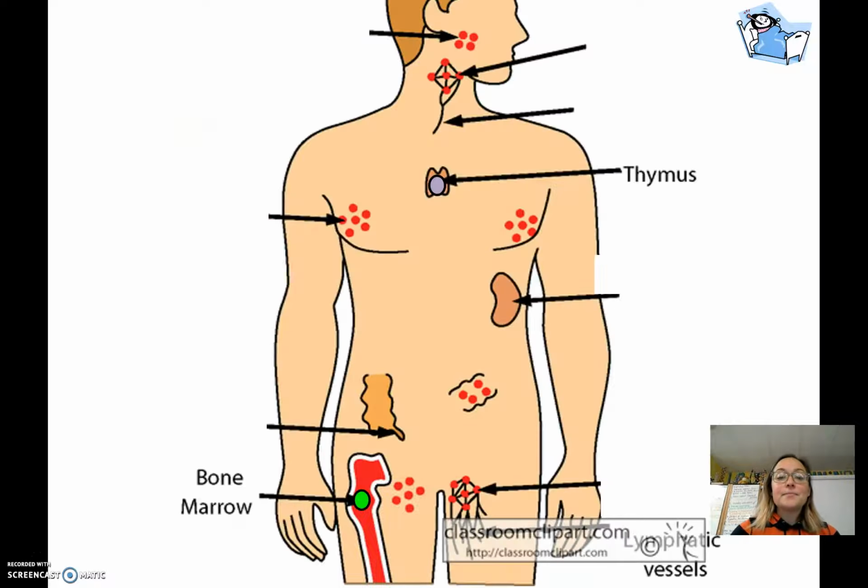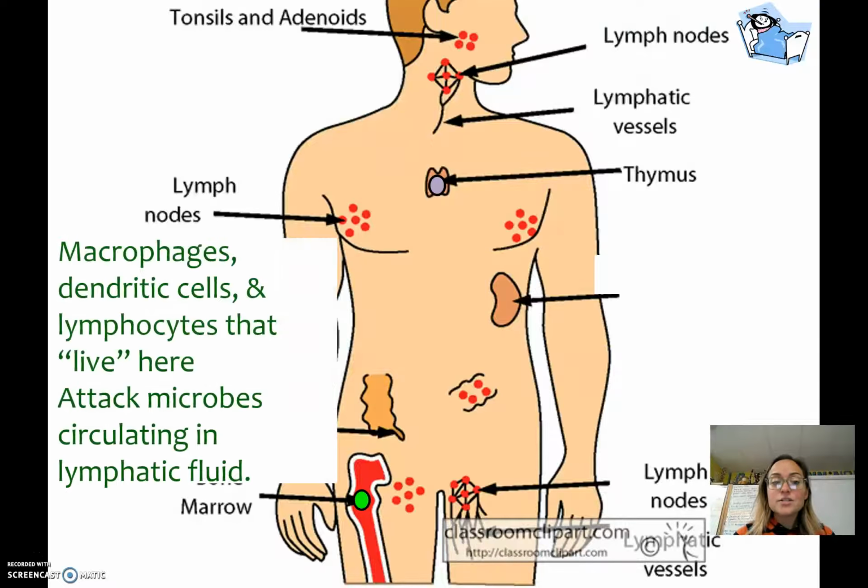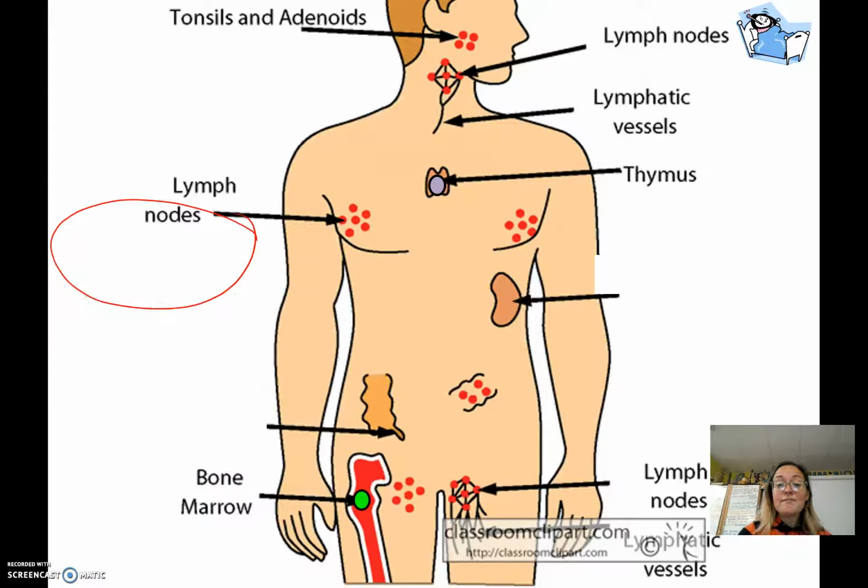All right, box 6. And so when we look at the other aspects of our lymphatic system, we see here we have lymph nodes in different places throughout our bodies. And so when we look at lymph nodes and what their role is, we find that macrophages and dendritic cells and lymphocytes, they live here and they attack microbes circulating in the lymphatic fluid.